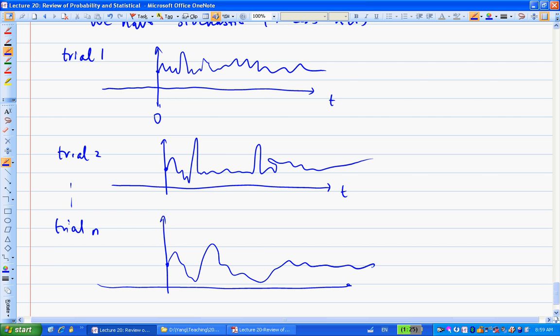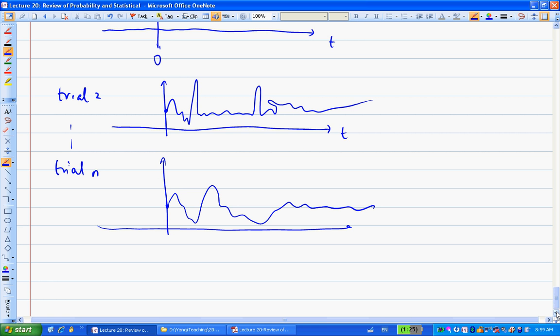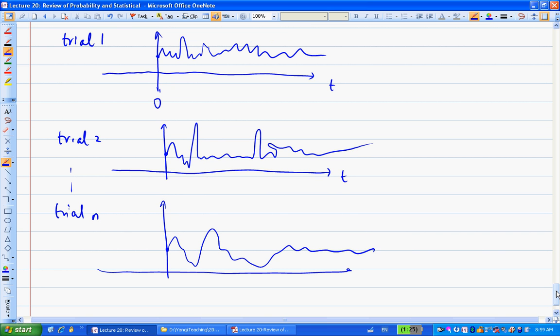So basically, the second observation is this. If I take just one time moment and look at all the trials that I have conducted here, let's call it T1 here, and maybe look at another one, T2 here.